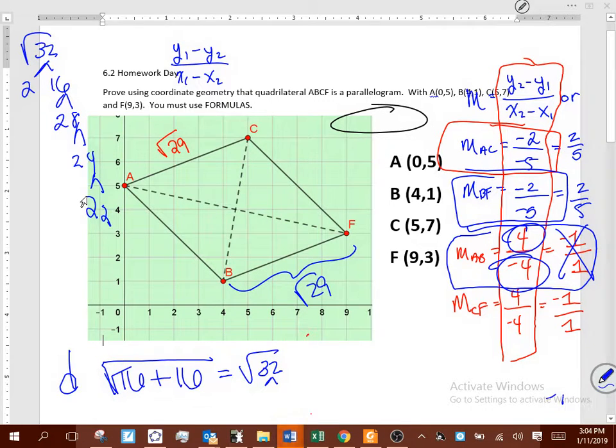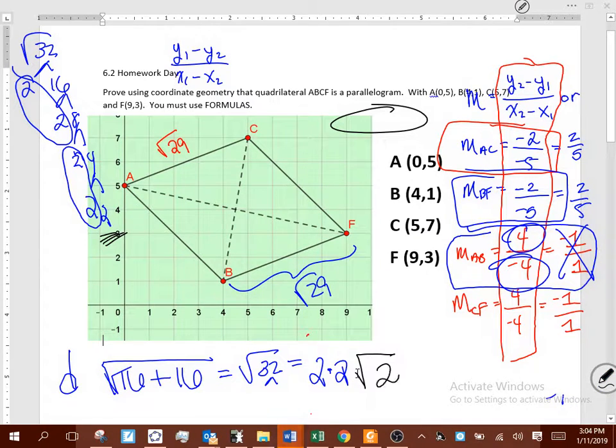It's kind of the most direct way, right? That's a group of 2s, I can come out front. Is that another group of 2s? I can come out in front. Does this 2 have a group to belong to? Lonely, so it stays underneath, right? So what's 2 times radical 2? 4 radical 2, right? That's something we can do, correct?